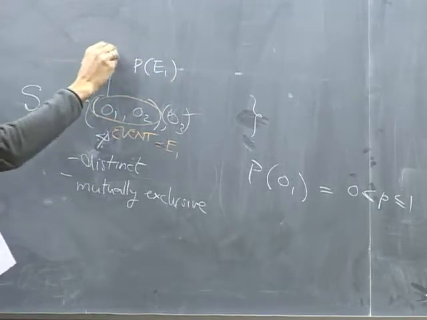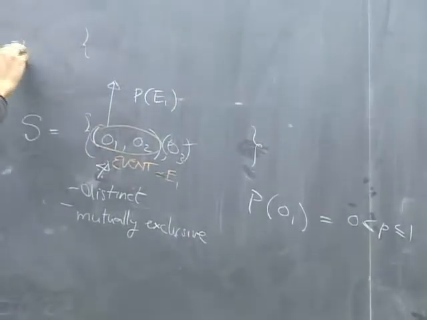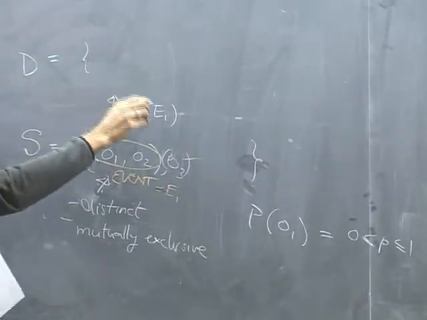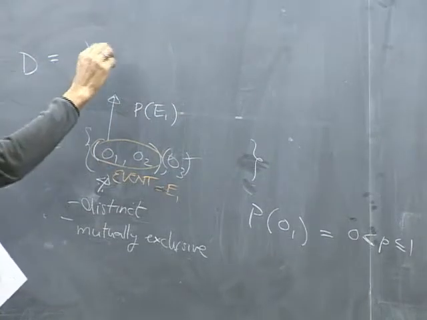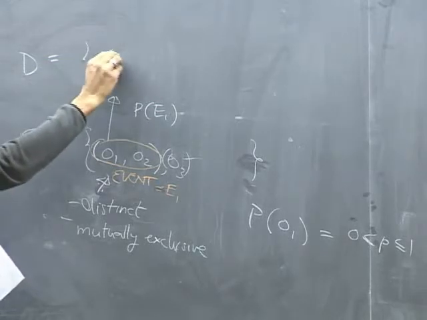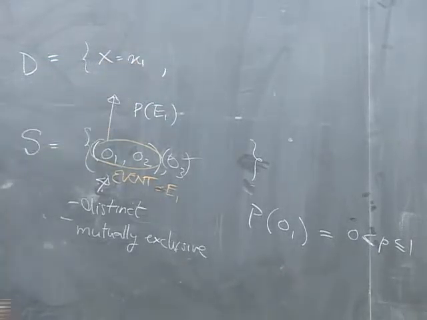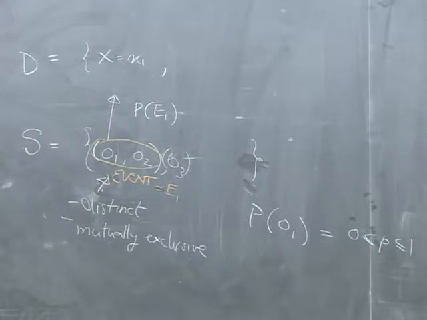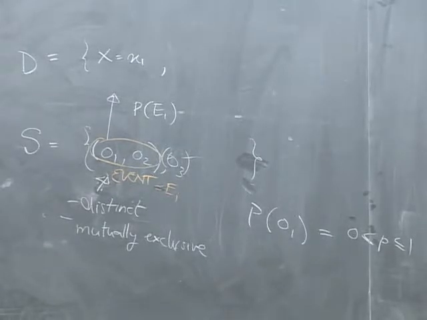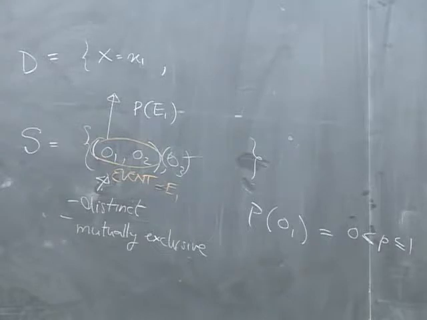And now what we're going to say is that when we take the domain D, this event probability corresponds to the probability that x equals, let's say, x1. Okay? So each value assumed by x can be thought of as corresponding to an underlying sample space, which may be implicit. In fact, the sample space may be identical to the domain.